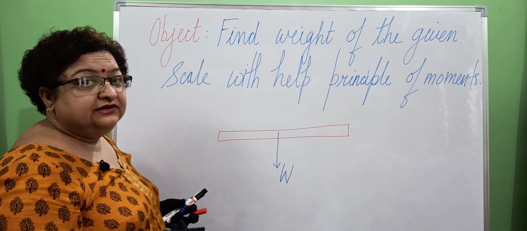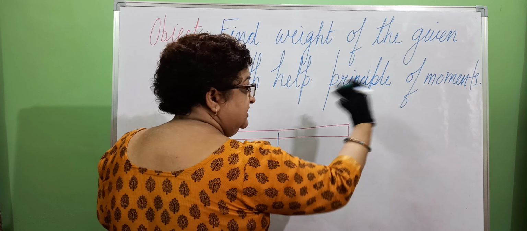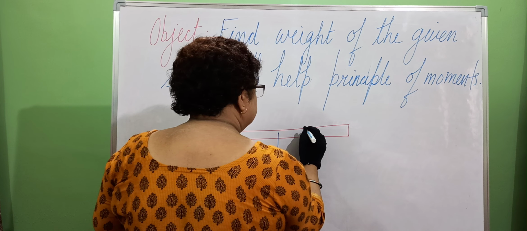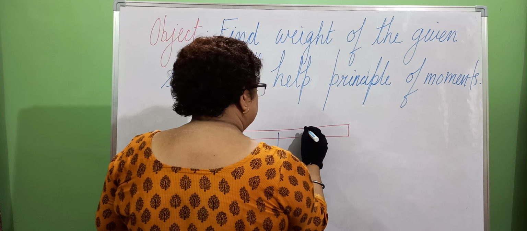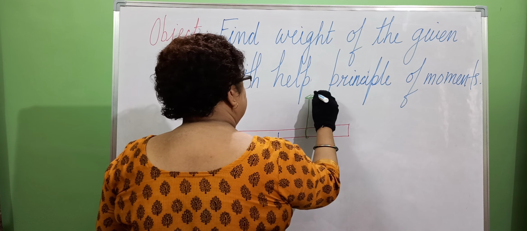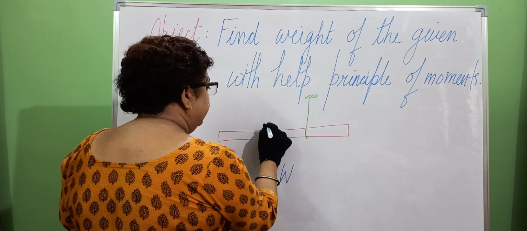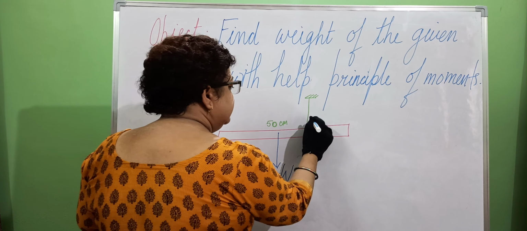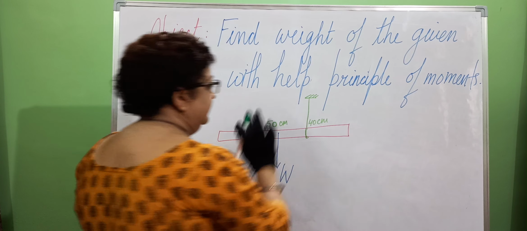But what I did, I shifted the point of suspension towards this side. This point where the gravity was acting, or weight was acting, was the 50 centimeter mark, and this point where I shifted the point of suspension is the 40 centimeter mark.